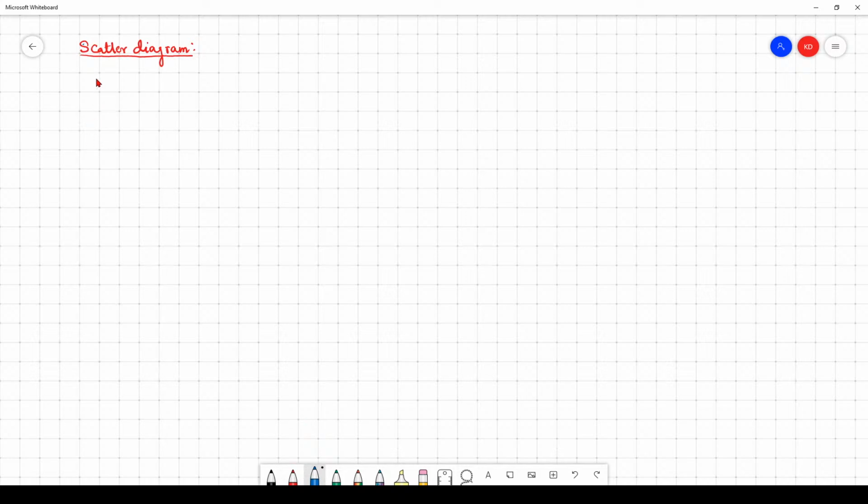A scatter diagram is a diagrammatic representation of bivariate data.